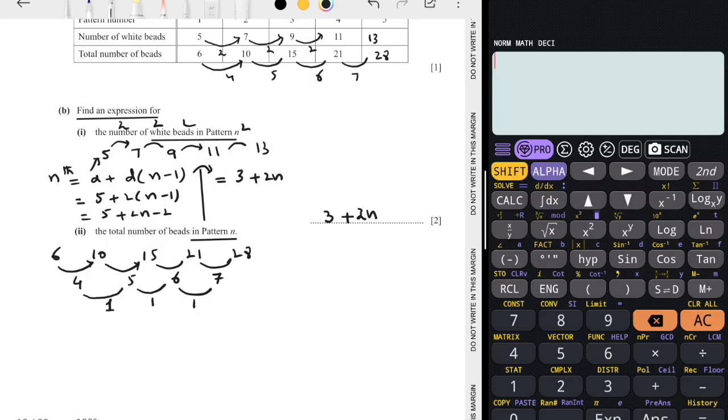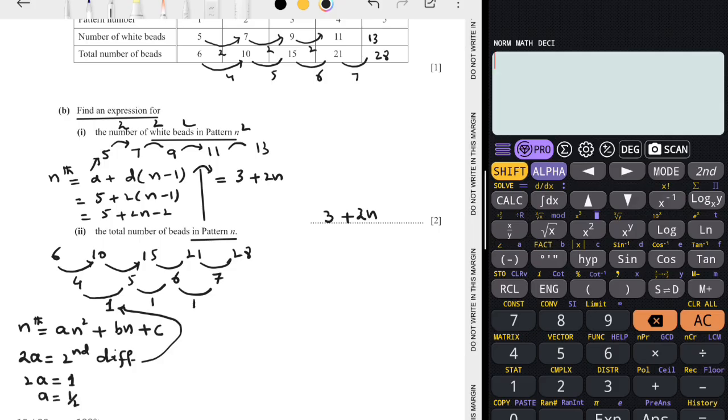Now the formula for a quadratic sequence is an square plus bn plus c. To find a, b and c, we have to learn three equations. The first one is 2a is equal to the second difference, and that is 1. So 2a is equal to 1 and a would be equal to 1 by 2. This is the value of a.